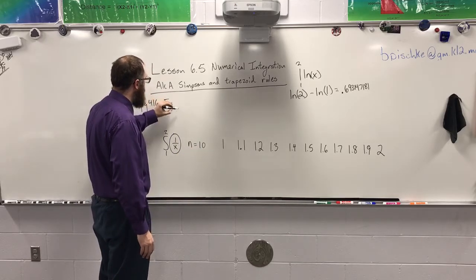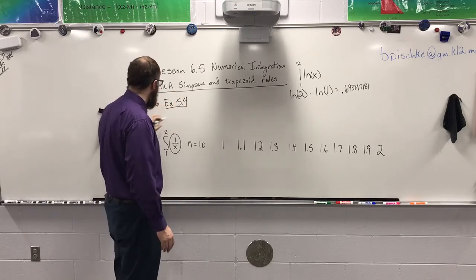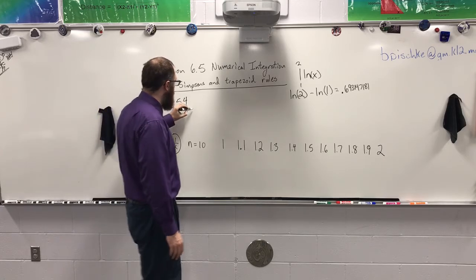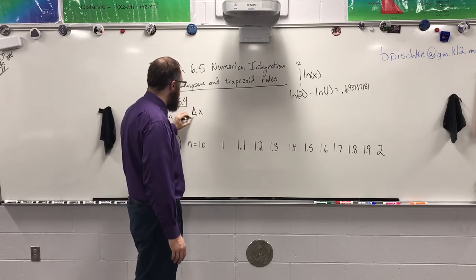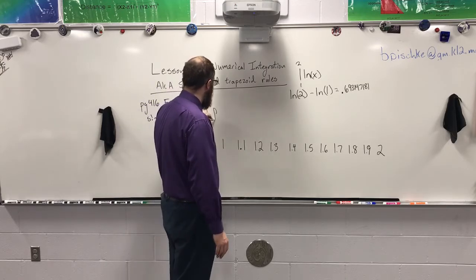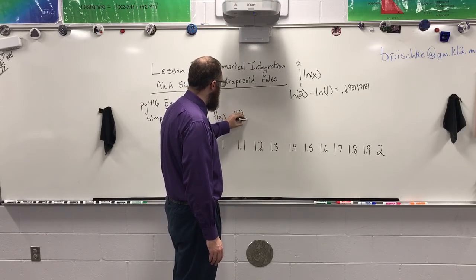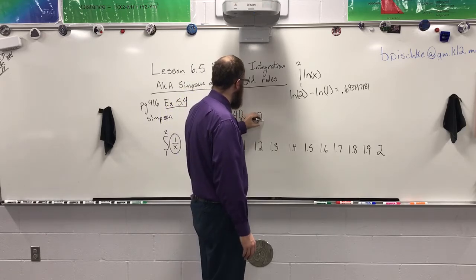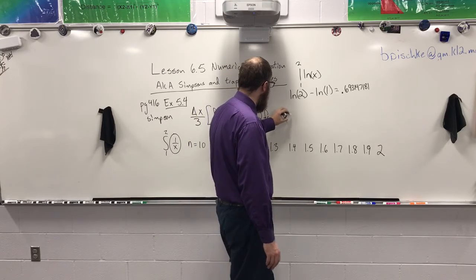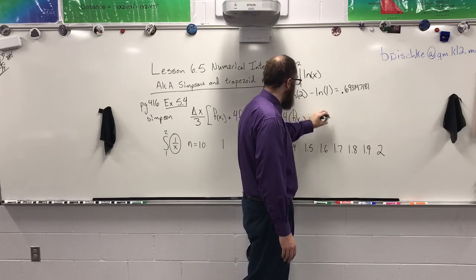We're in example 5.4 now, which is a Simpson rule. Just remember how they're different. So Simpson's rule is delta x over 3 times f(x1) plus 4 f(x2) plus 2 f(x3) plus 4 f(x4), etc. down to f(xn).